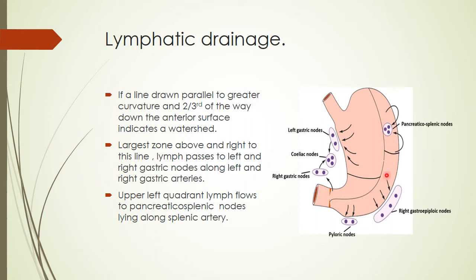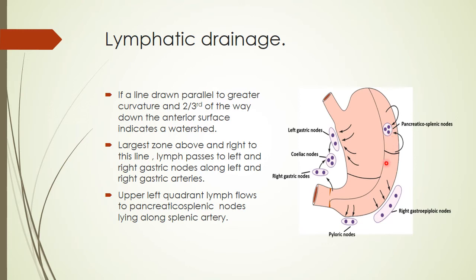The largest zone, above and right to this line, drains lymph mainly to the left gastric lymph nodes. The upper left quadrant will drain into pancreatico-splenic nodes either directly or through gastroepiploic nodes. The pancreatico-splenic nodes are present along the splenic artery.